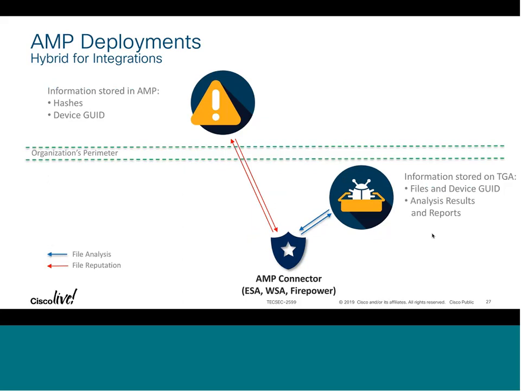You're going to have a disconnect then between the reputations in the public cloud and the results that you get from ThreatGrid analyses. The reason for that is that our public cloud will not accept reputation updates from systems that we, Cisco, do not directly control.